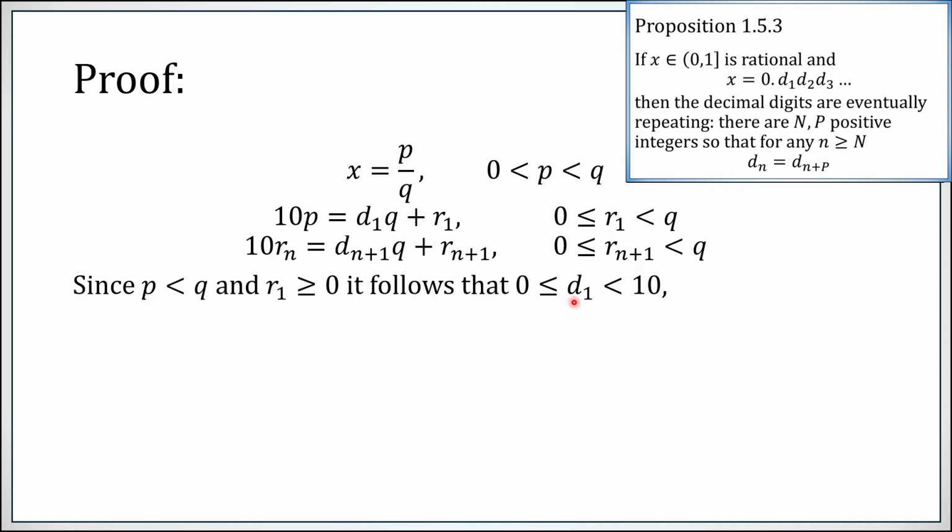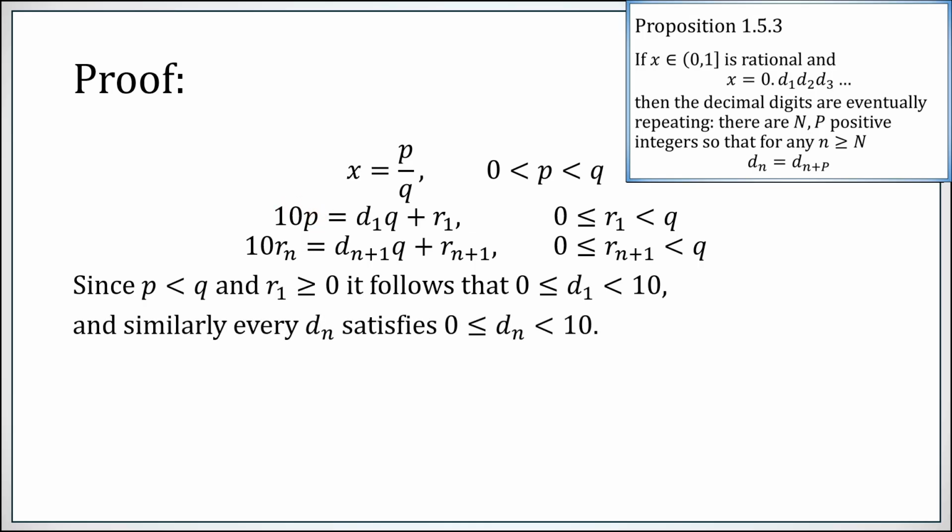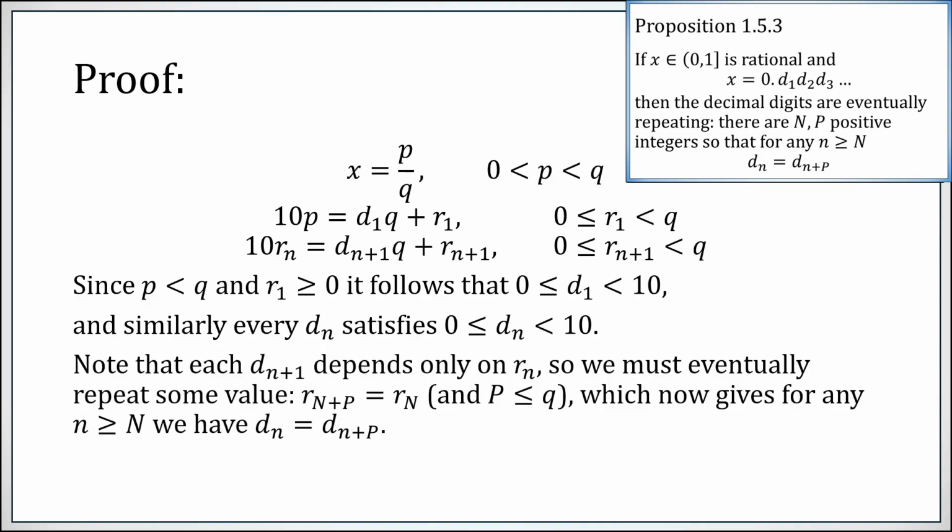However, d has to be non-negative. If d1 were negative, then you would have a negative number times q, and then a remainder that is not too big. You wouldn't be able to get all the way up to 10 times p. So similarly, you carry that reasoning forward. Every dn is a permissible digit, bigger than or equal to 0, but less than 10.